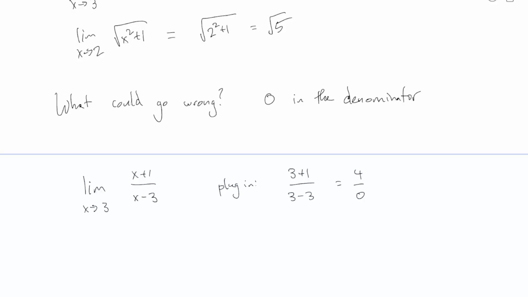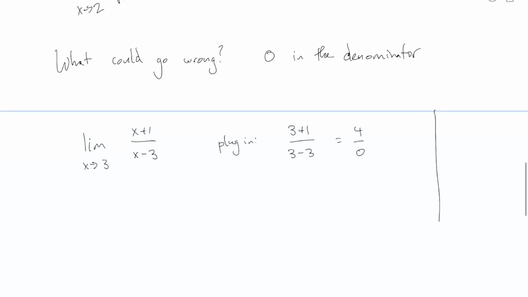And what is your interpretation of this? When you get something like 4 divided by 0, what that indicates is that this function near x equals 3 looks something like dividing by 0. And the best way to visualize what it looks like to divide by 0 is a graph like this.